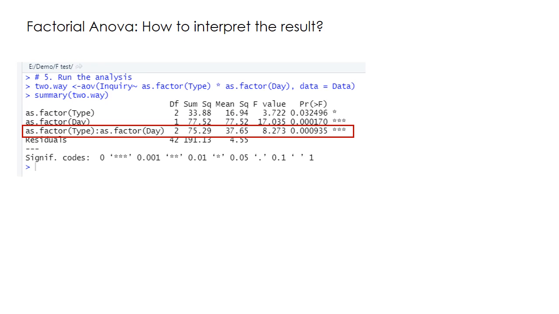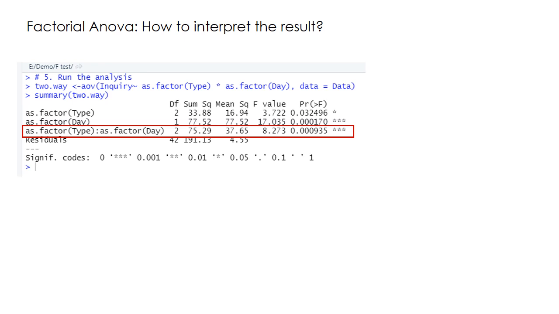But what the software does for you is, instead of calculating the F critical, it calculates the probability value that is associated with this F value.